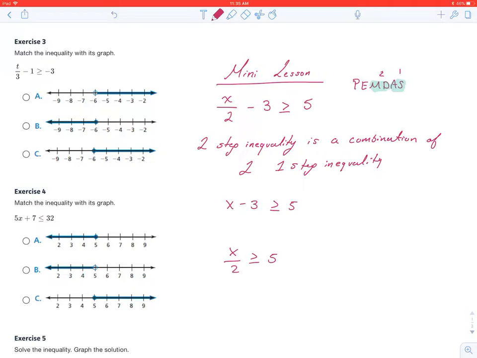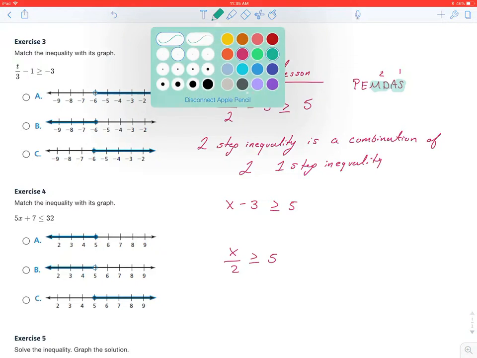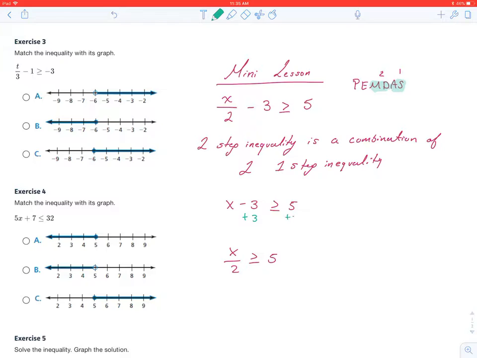For x divided by 2 minus 3 greater than or equal to 5, your addition subtraction is that minus 3. How would you solve that inequality if it was just x minus 3? Forget that divided by 2 for a little bit. If it's x minus 3, we would just add 3 to both sides, and that would give us x is greater than or equal to 8.